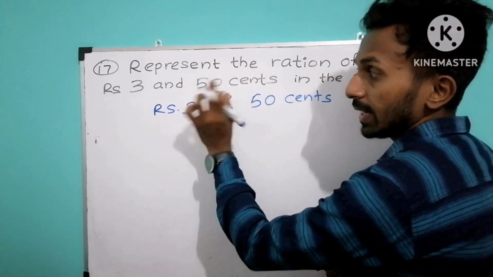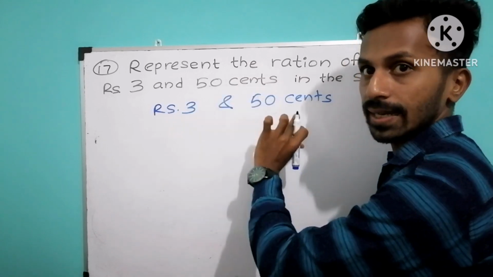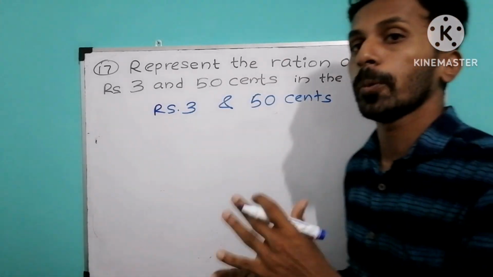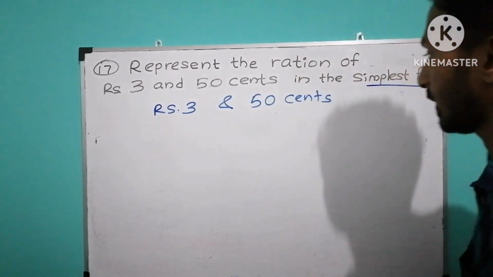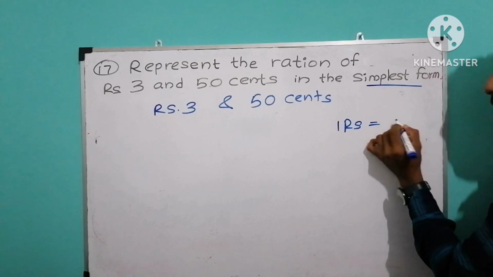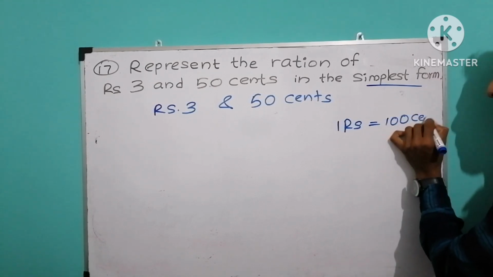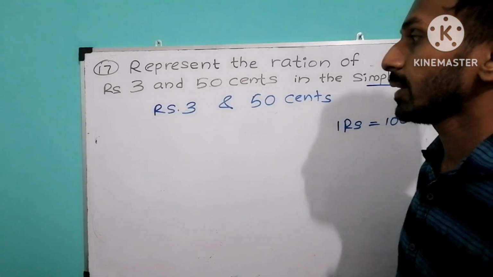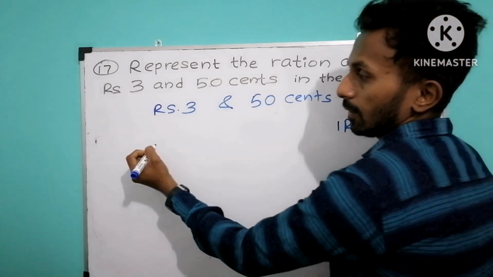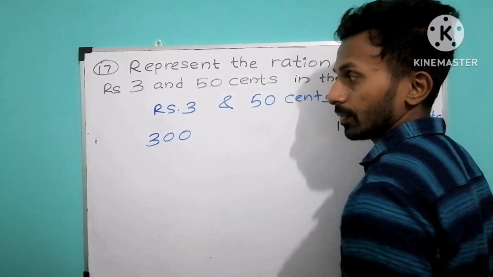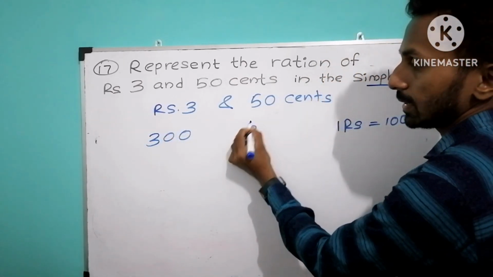Now we can convert rupees into cents. It is very easy. You all know the relationship between rupees and cents. What is that? 1 rupee is equal to 100 cents. Then 3 rupees is 300 cents, and 50 cents.